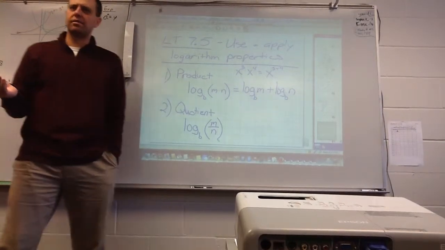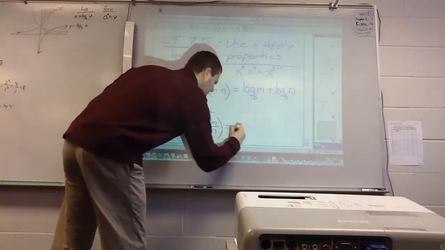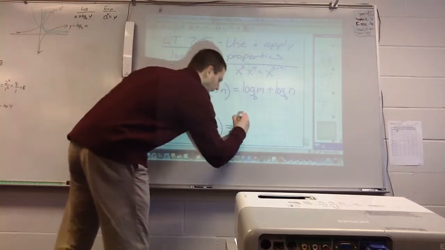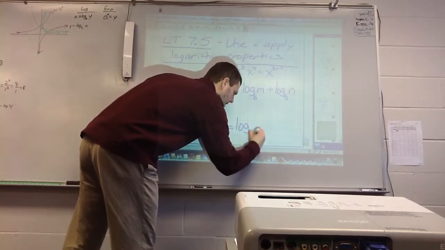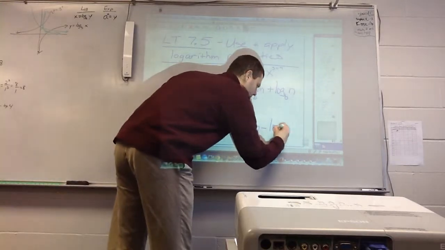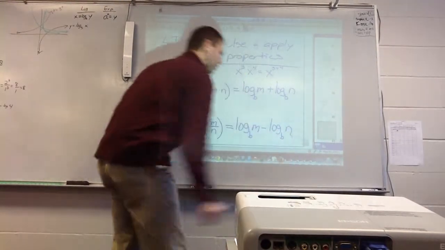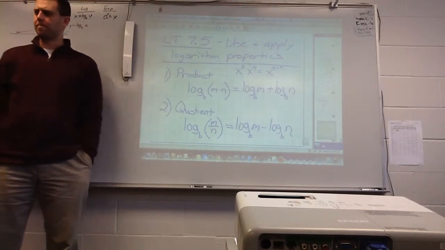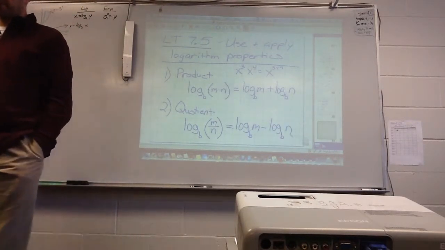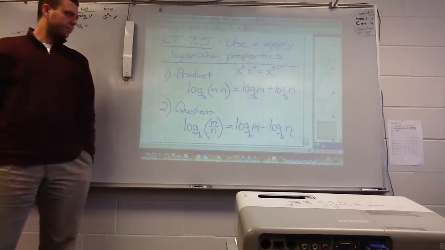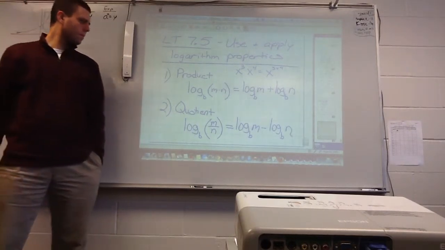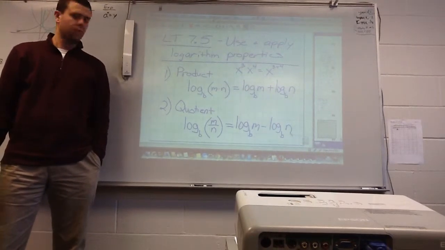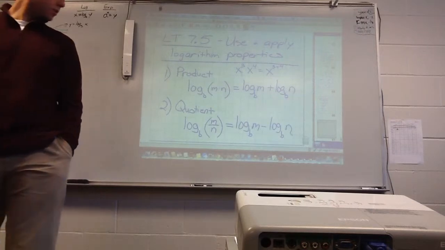You subtract, okay? So when you see the logarithm of a quotient, you can actually just subtract the two exponents. Alright, any questions on that one?